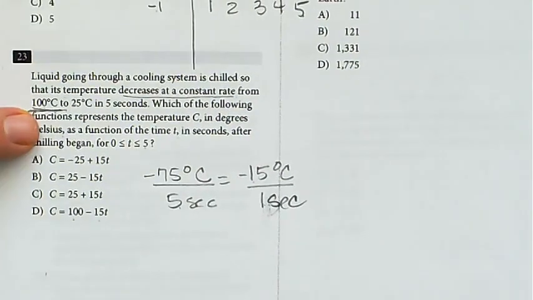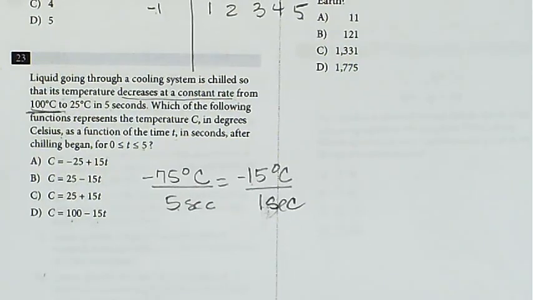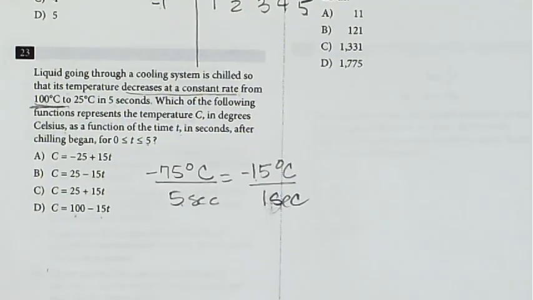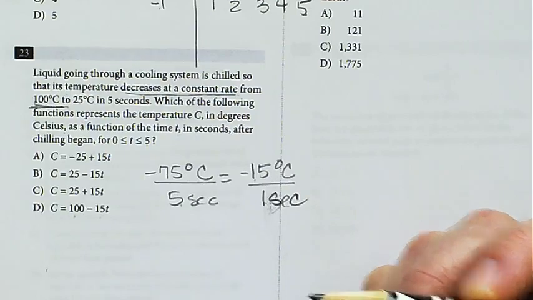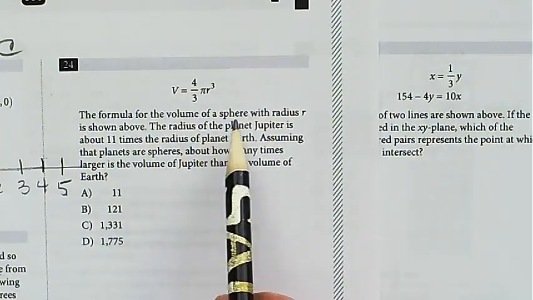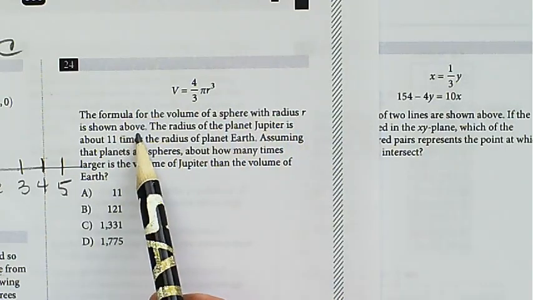So that's just a basic linear equation. I know it's kind of hard to go from a word problem to an equation, but some of these you could quickly eliminate by just kind of comparing and contrasting. Okay, 24, the formula for the volume of a sphere with radius r is shown above.